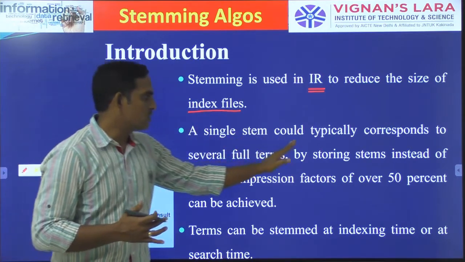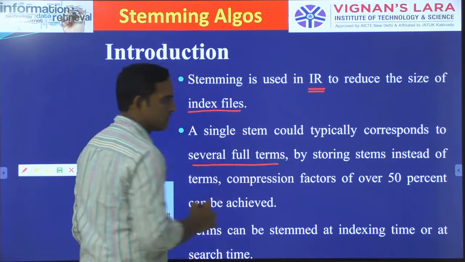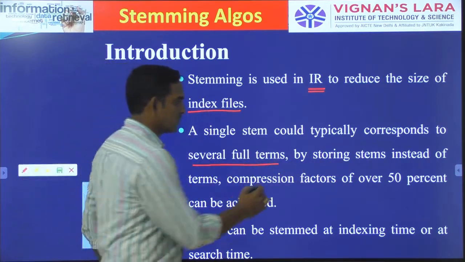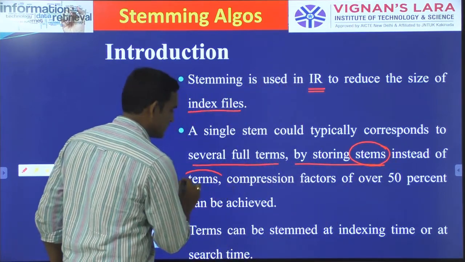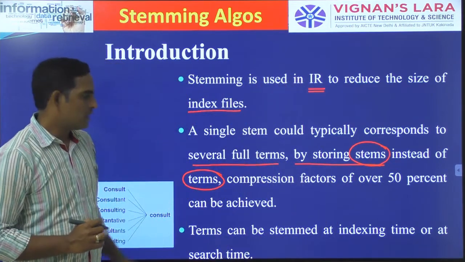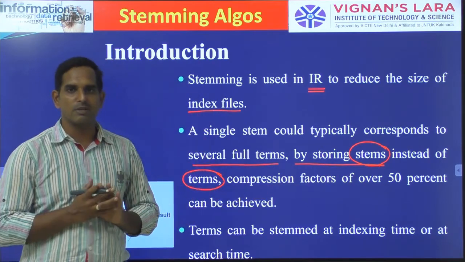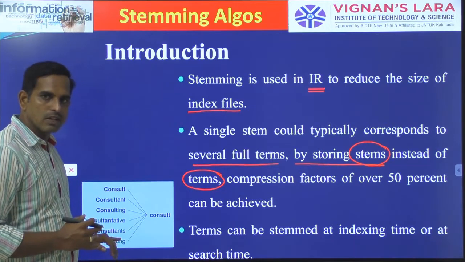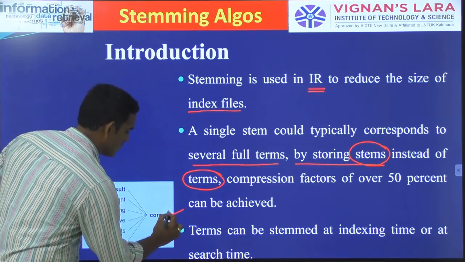A single stem could typically correspond to several full terms. By storing stems instead of terms, we will be storing the stems instead of the complete full terms. Compression factors of over 50% can be achieved by doing this. Instead of storing all the terms in your index, we will be storing only the stem.